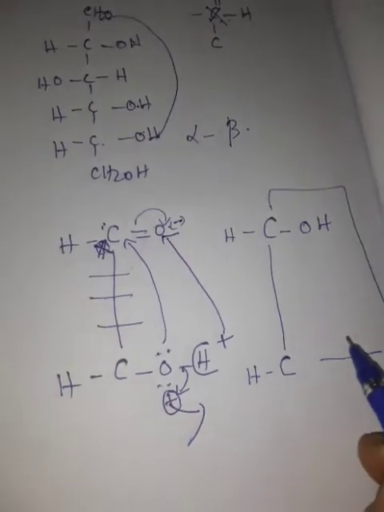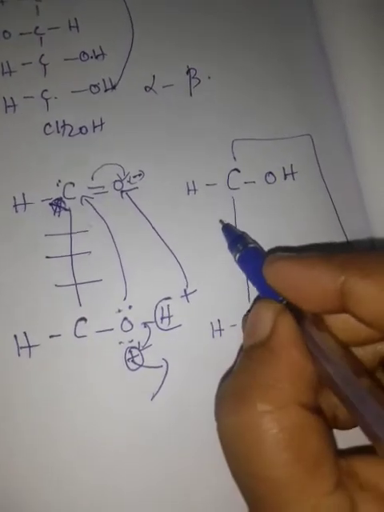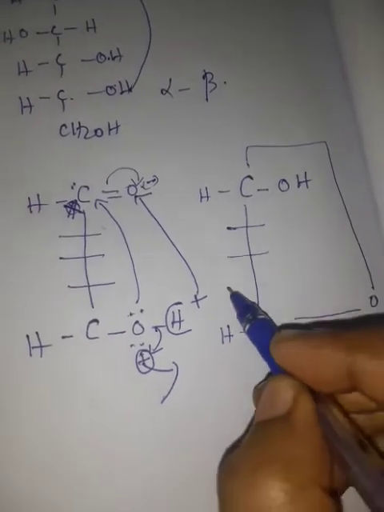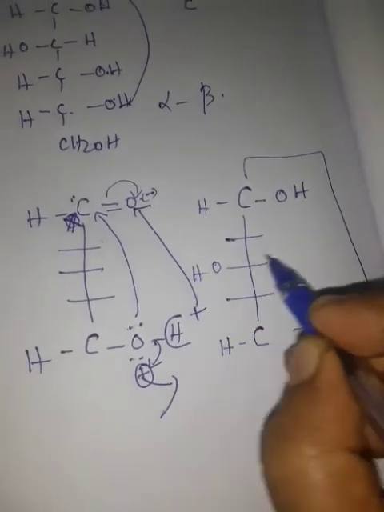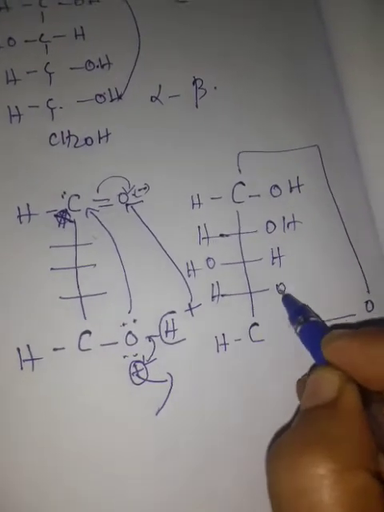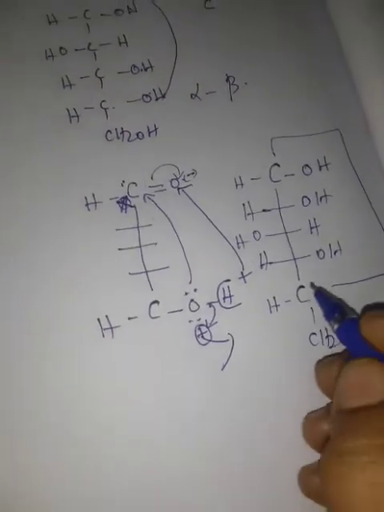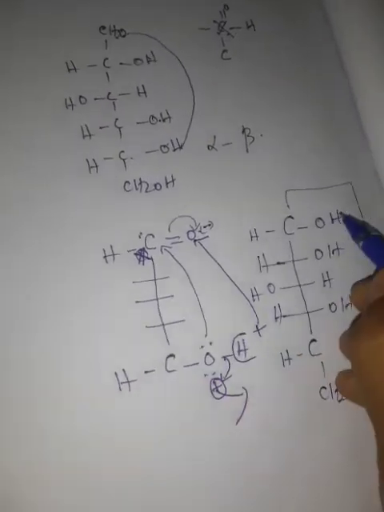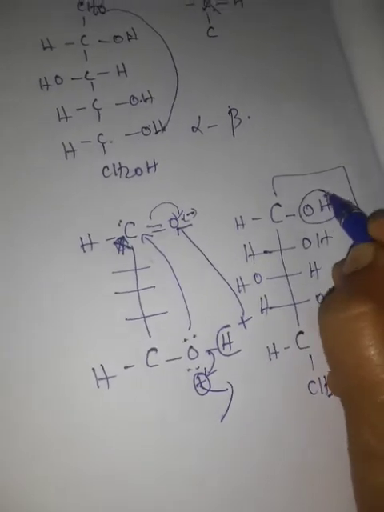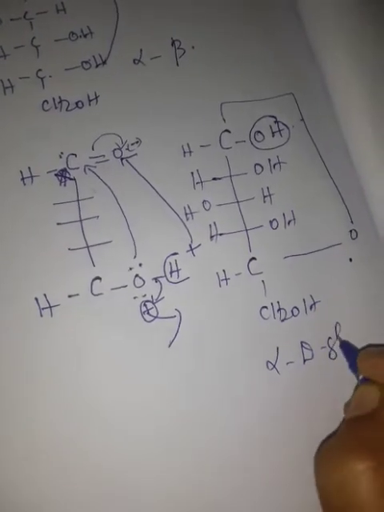Now this can form two isomers, called anomers. The others are all the same: second, third, fourth carbons, the third with OH on the left, then CH2OH, the sixth carbon. Similarly, one more isomer. Here the OH is kept on the right side, so this is alpha D glucose.